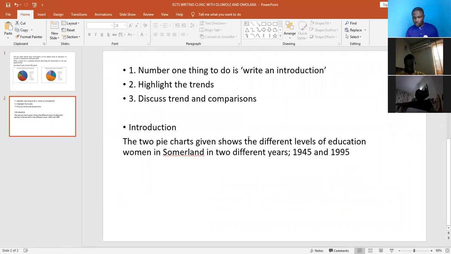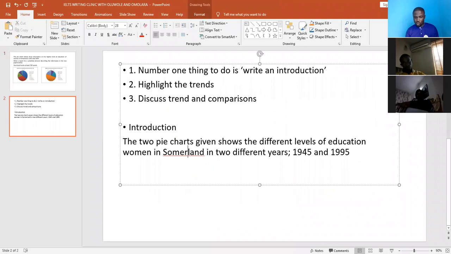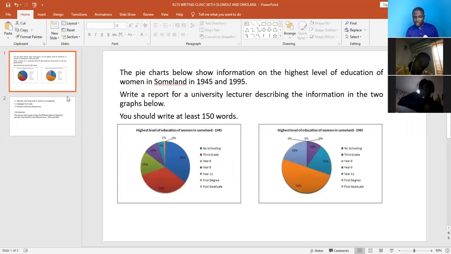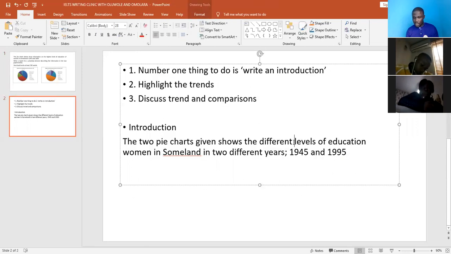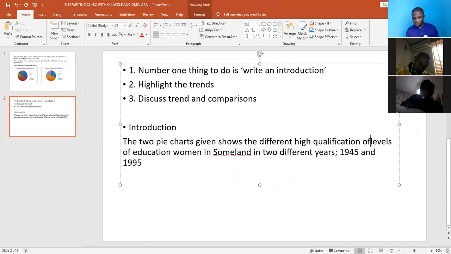Some people argue that you need to stick to what is given to you. So level of education of women in Summerland. What did it do here? The highest level of education of women.